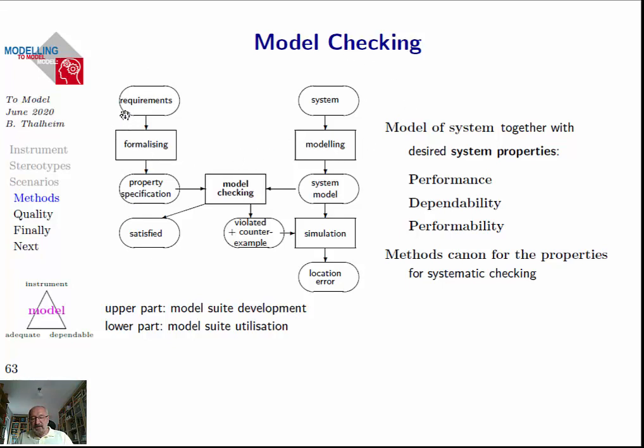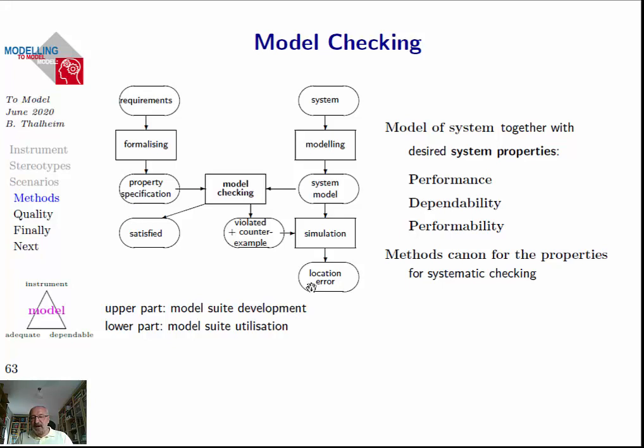You formalize them, and models of the systems you would like to consider. And you apply model checking procedures in order to know whether our requirements are satisfied, or if they are violated you would like to have a counterexample, maybe based on some kind of simulation facility, so that you can have a description of the errors.